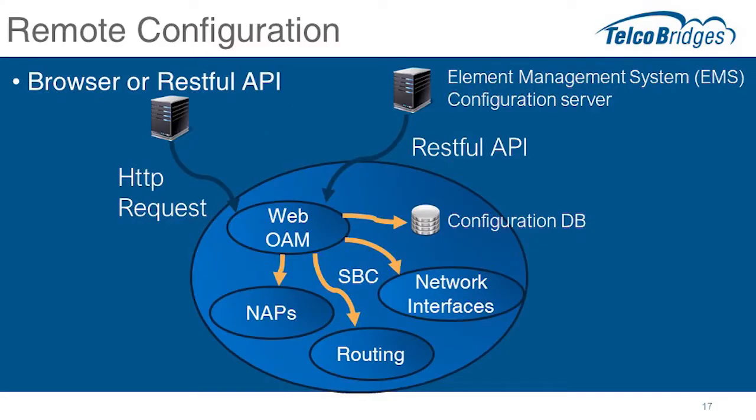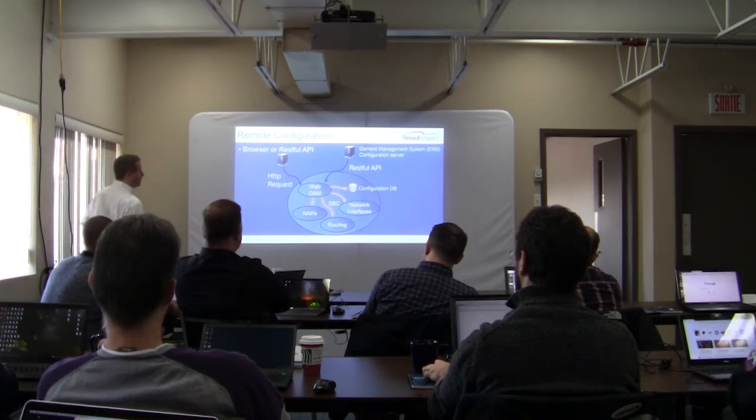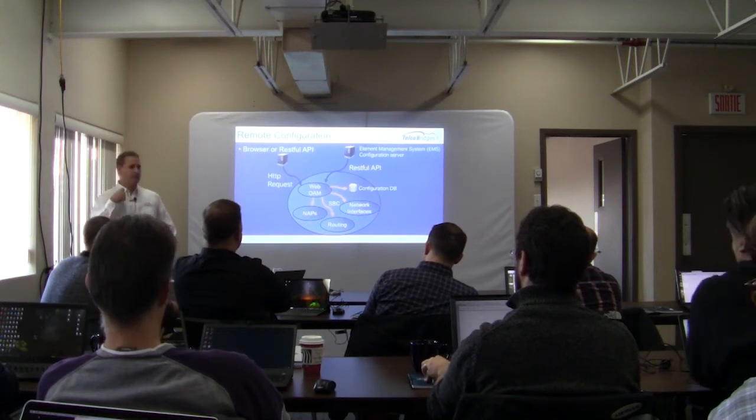We can do remote configuration. Unfortunately, only a few customers have done this, but it's available. The default mode is to use the browser, so you click here and there and enter the information. That's fine if you have a few systems to configure, but if you have many, we have the option of using a RESTful API. You can use pre-configured JSON files that you upload into the system, and this will configure network access points, the routing you want, the network interfaces.